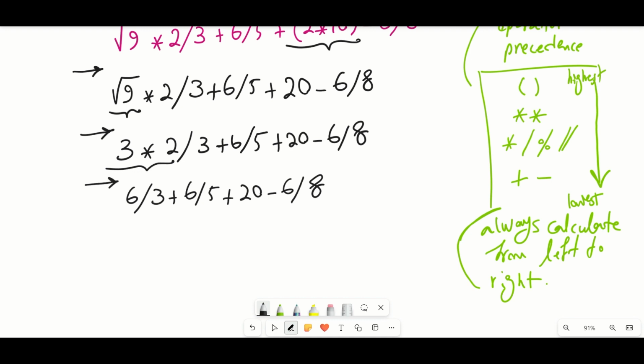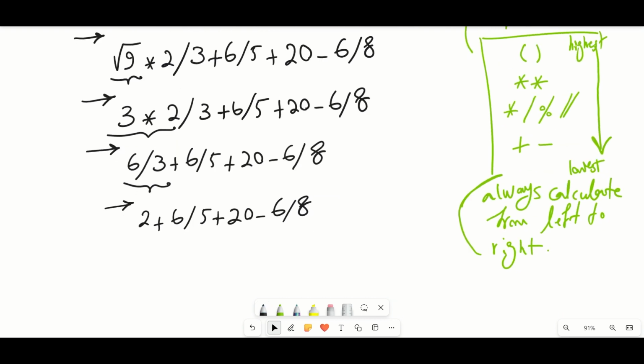Again, from left to right, we have 6 divided by 5 and 6 divided by 8, and they have the same precedence, but you have to calculate from left to right. So 6 divided by 3 is 2, plus 6 divided by 5, plus 20 minus 6 divided by 8.